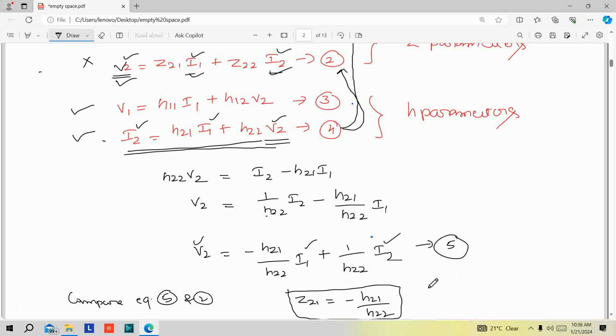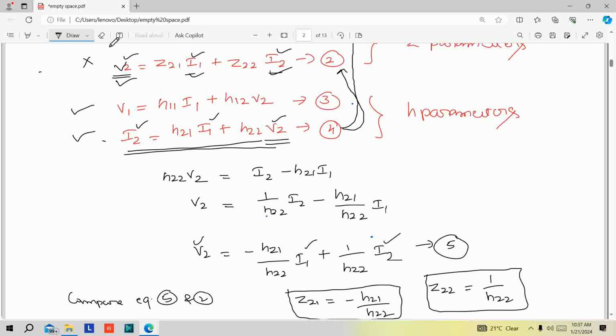It indicates that Z22 is equal to 1 divided by H22. So this is the first step. We have calculated two Z parameters, Z21 and Z22, in terms of H. So we need to calculate Z11 and Z12.